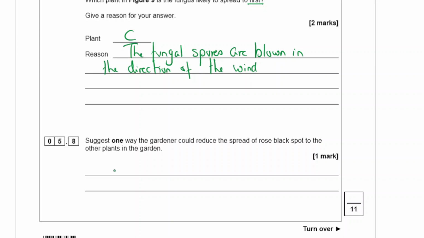Or, to reduce the spread even before you get it, you don't want the plants very close to each other, so spread out the rose plants while planting.